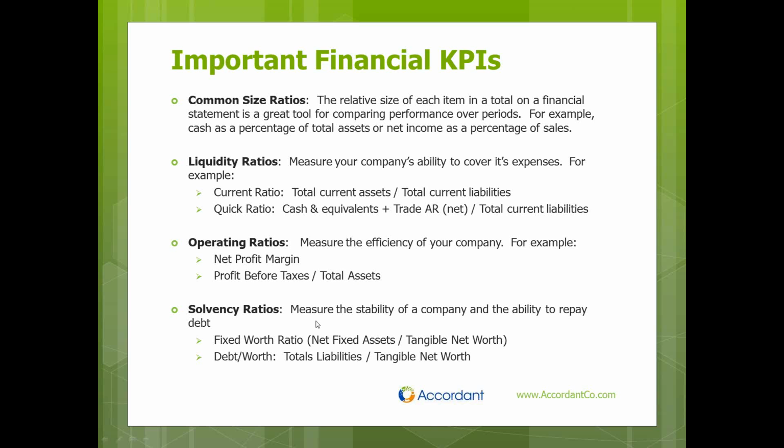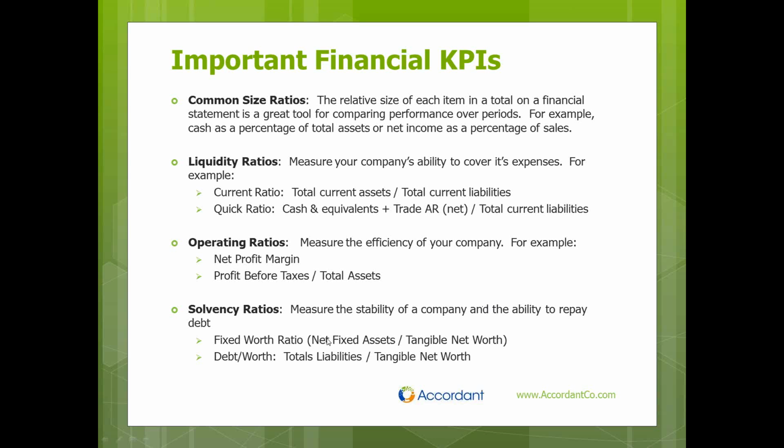The last kind is solvency ratios, and they are an indication of the stability of your company and your company's ability to repay debt. And there are two that are commonly used, but there are more than two. And these two you're going to see on my dashboard, my financial dashboard.